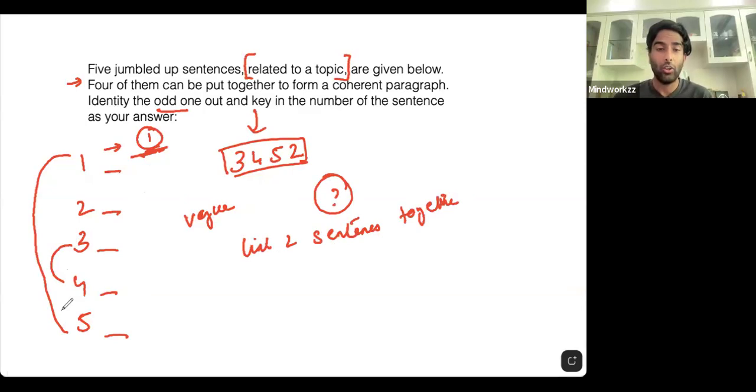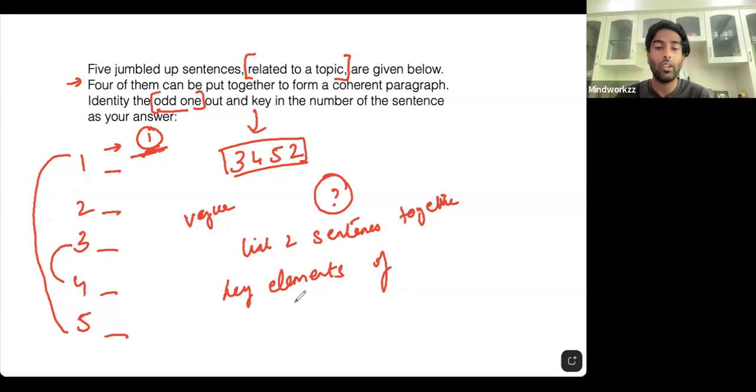And the odd sentence in the question, the sentence which you have to identify as not a part of this paragraph, will also have some key elements of things being talked about in the other sentences, as I'm going to show you in 2 questions.